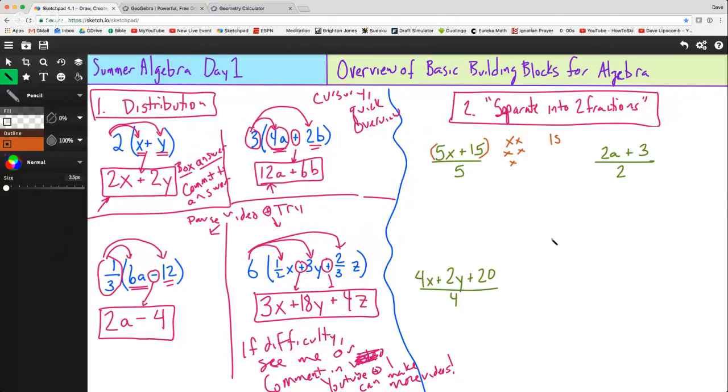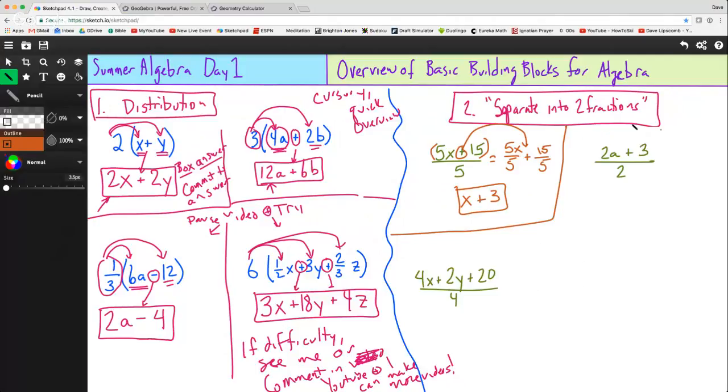You basically are saying, I have to take each part and divide it by 5. So 5x plus 15 divided by 5 is 5x divided by 5 plus, there's my plus, 15 over 5. And 5x divided by 5 is just x, and then 15 divided by 5 is 3.